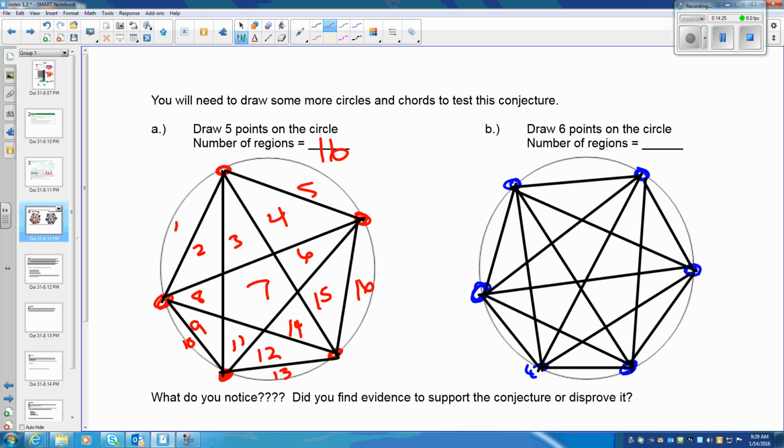Did you guys get something that looked like this? No? Remember you had to connect every dot in line.